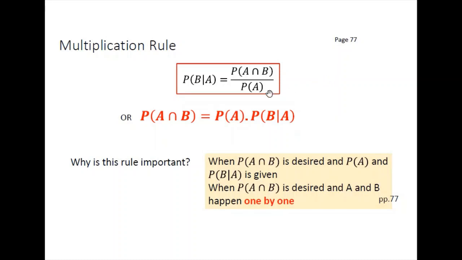But when are we going to use a multiplication rule? One, when the probability of A and B both occurring is desired, and the probability of A and the probability of B given that A are given.